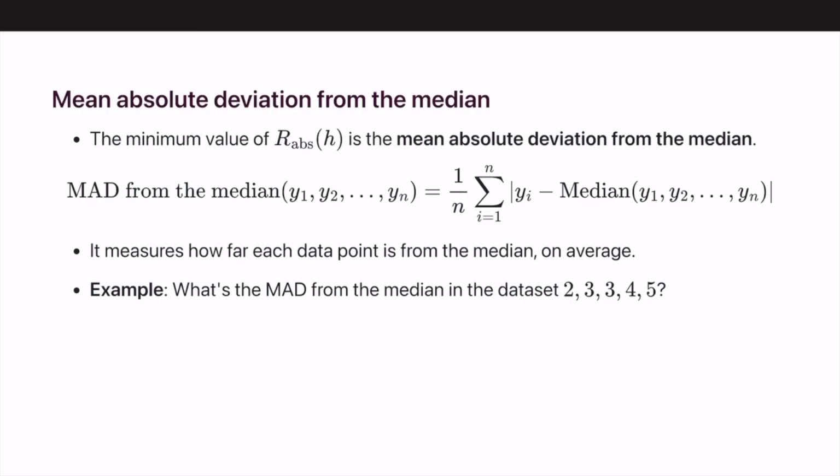What we get is the mean absolute deviation from the median. This is another type of spread that we're capturing with the data set, the spread around the median. So if you plug H star into the mean absolute error, what you get is the mean absolute deviation from the median.